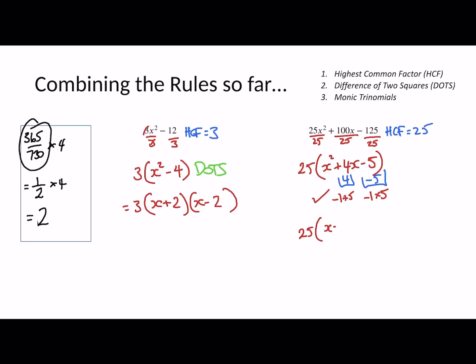X minus 1, brackets, x plus 5. Again, looks much neater. Now, just as a side, when we factorise, we're actually finding the x-intercepts on a graph. Okay, there's a little bit of fiddling that goes on with it, but when you start graphing, which is the extension of all this stuff we're doing in factorising, factorising gives you the x-intercepts.